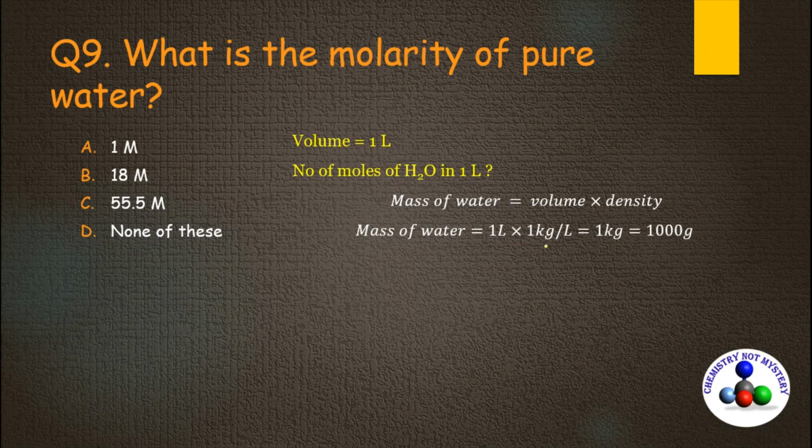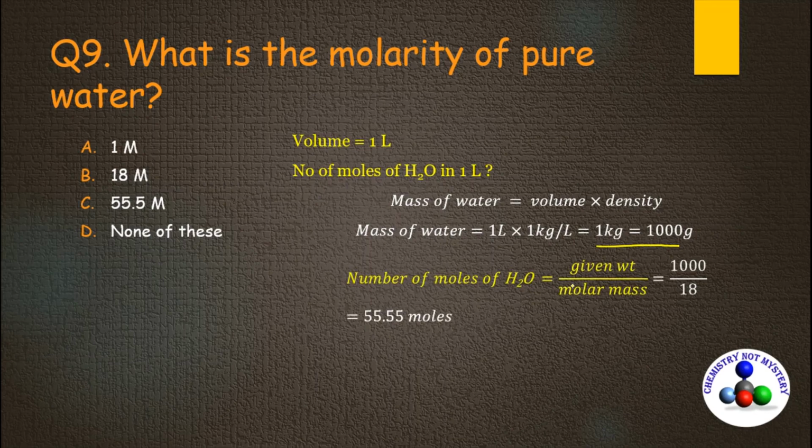So the mass of 1 liter of water will be 1 kg. Now calculate the number of moles present in 1 kg of water. You know the molar mass of water is 18 grams. So you can calculate the number of moles present in 1 kg of water. And now you can calculate the molarity by using the formula. Now come to the last question.